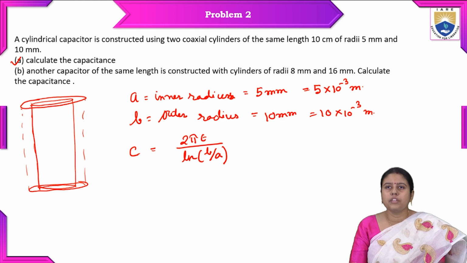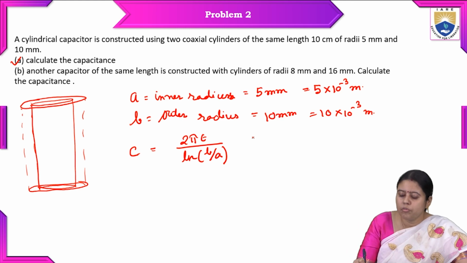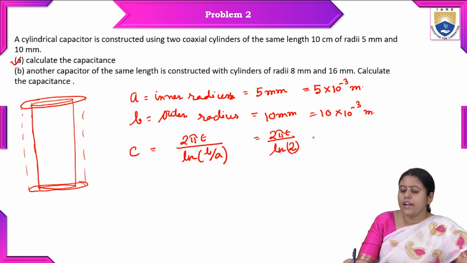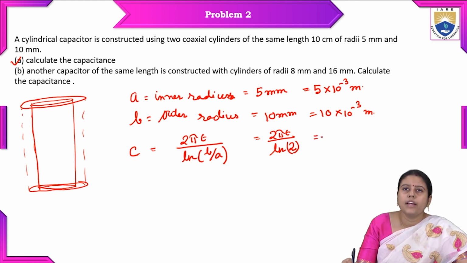If we put the values, we get 2 pi epsilon L by ln 2, and we can get the value of the capacitance.